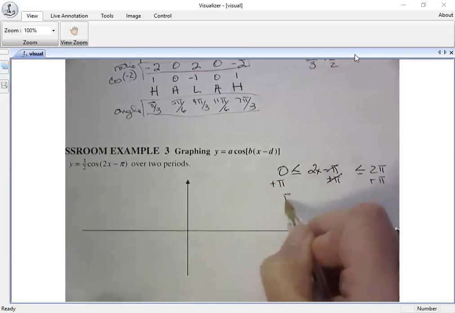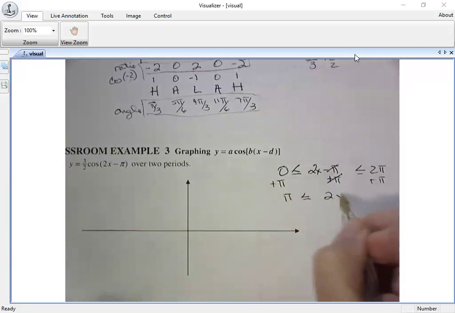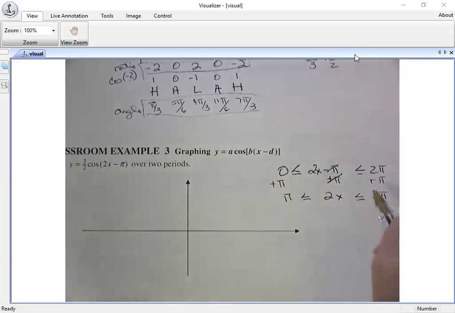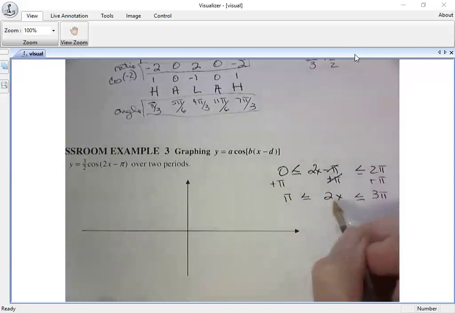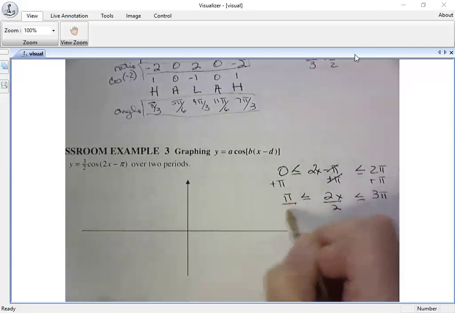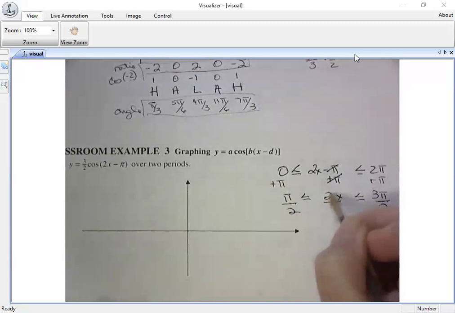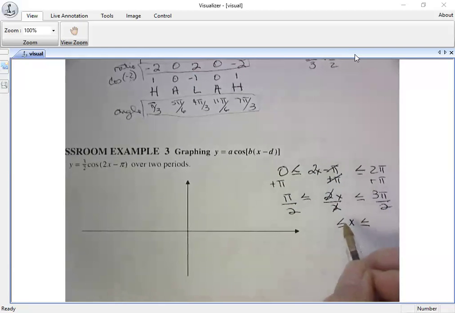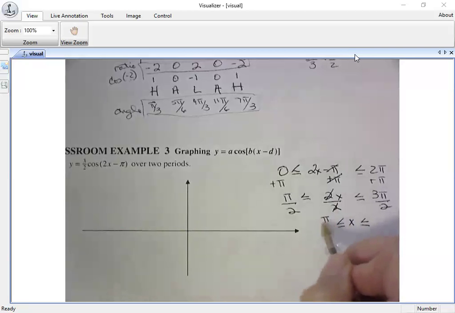And that gives me pi is less than or equal to 2x, which is less than or equal to what? 3 pi. Now all I have to do is what? Divide everything by 2. So this tells me that one period is going to start at pi over 2 and it's going to end at 3 pi over 2.